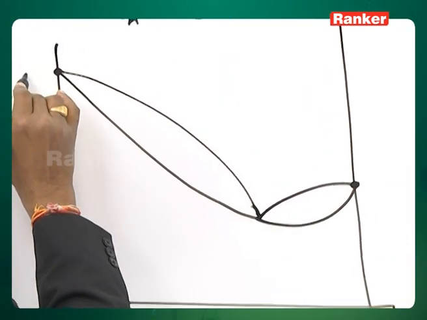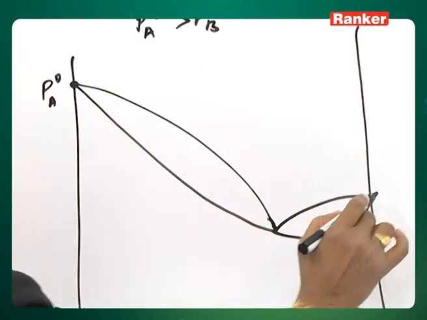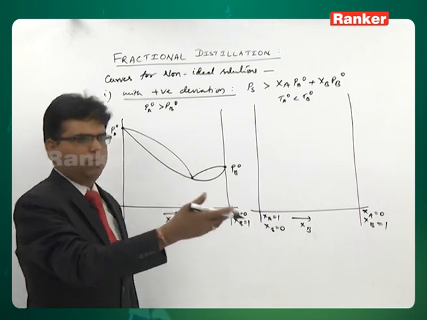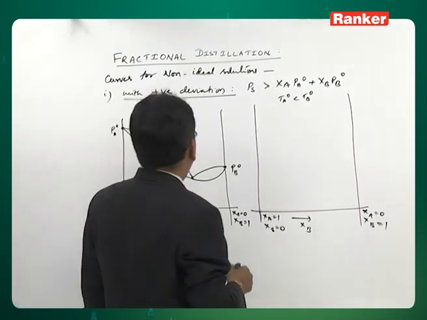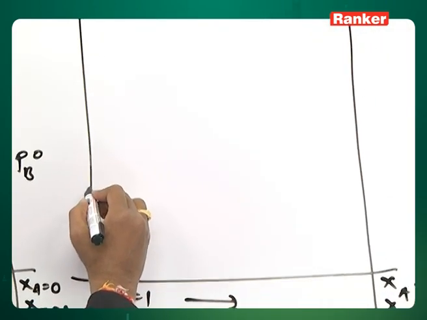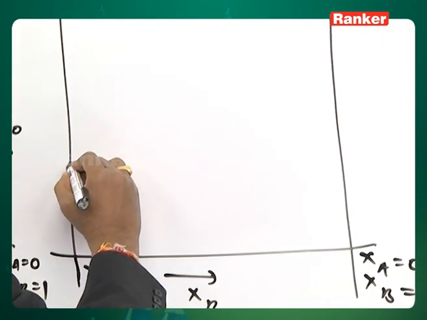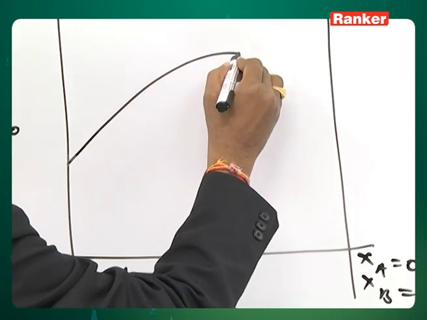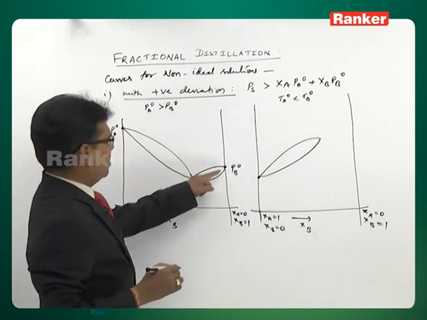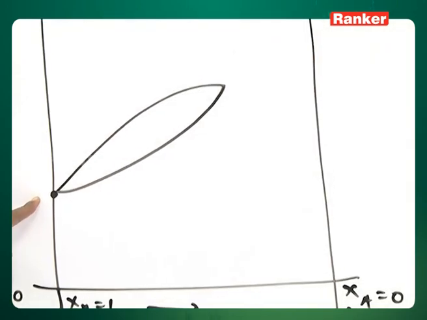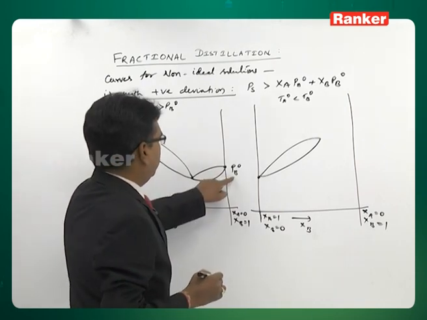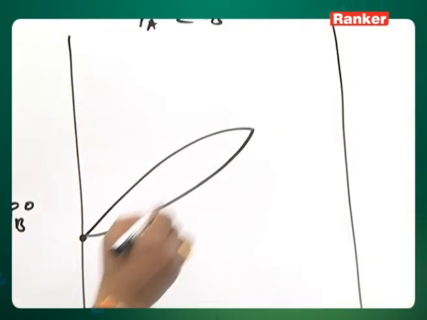These two extremes are of course P A naught and P B naught. The vapor pressure of A is greater than the vapor pressure of B, like in the previous case, and obviously T B naught will be greater than T A naught.